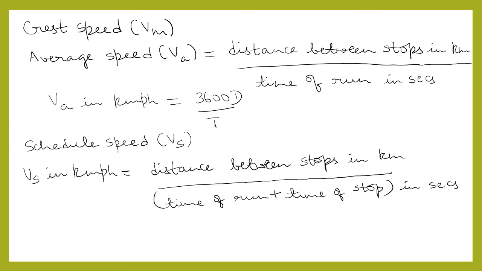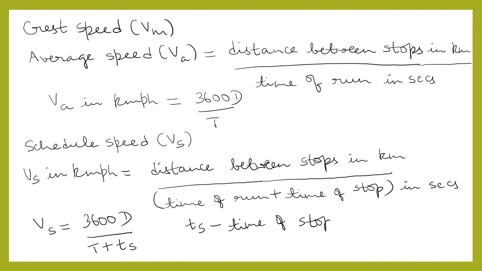So we have the equation of Vs as 3600 D by T plus Ts, where Ts is the time of stop in seconds and T is the actual time of run in seconds.